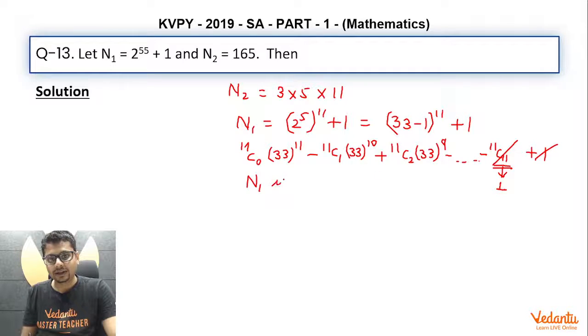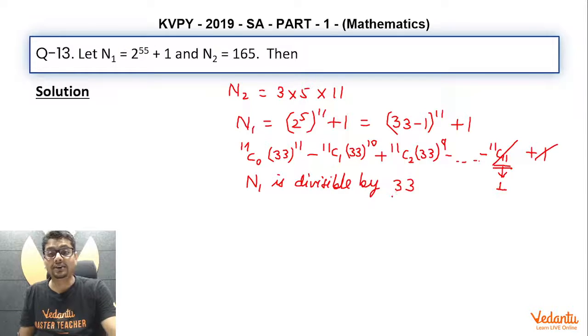That means n1 is divisible by 33, and hence it is also divisible by 11, and not just 11, in fact it is also divisible by 3. Why? Because 33 is 3 multiplied by 11. So if something is divisible by 33, it is also divisible by 11 and also divisible by 3.